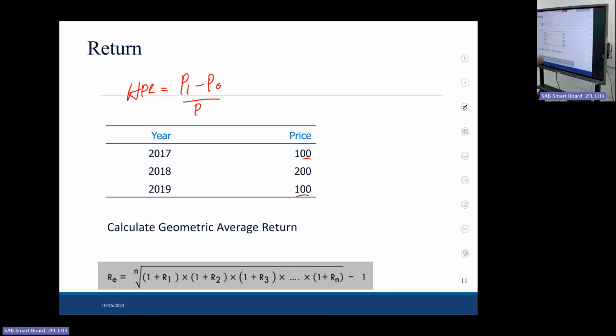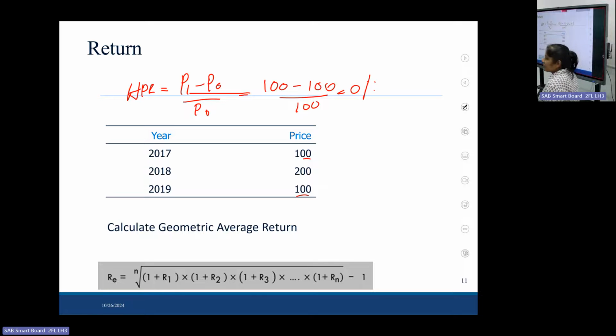P0 is 100, P1 is 100. So 100 minus 100 divided by 100 is equal to 0. Your holding period return is 0.